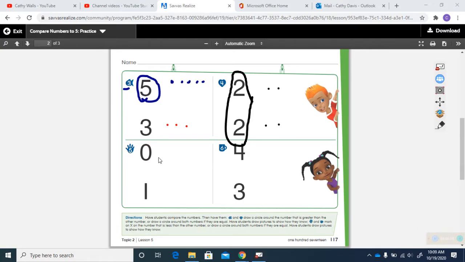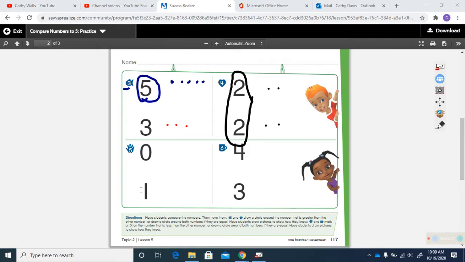Let's look at number 5. Now, instead of drawing a circle around the greater number, we have to put an X on the number that is less than, the number that is smaller. So we have 0 and we have 1. We're going to compare these numbers.